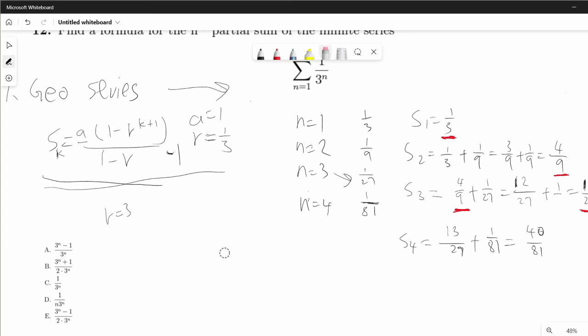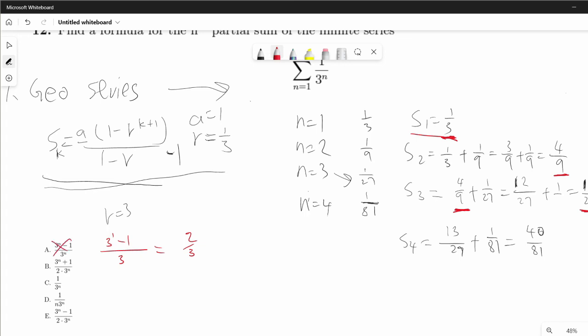Right? Let's see. So for A, let's test A. For n equal to 1, I have 3 to the first power minus 1 divided by 3. That is 2 over 3. That does not concur with my S1. So A is not right.